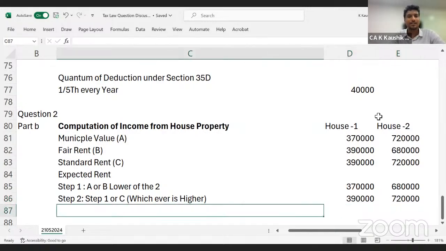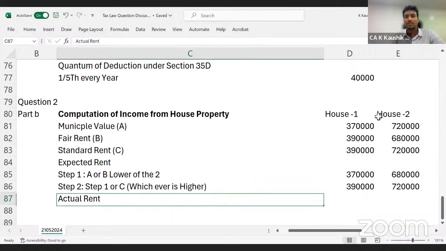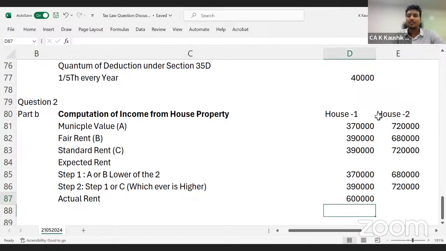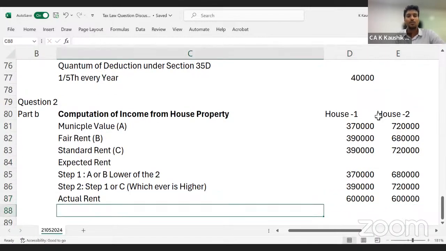So the reasonably expected rent is compared with actual rent received. Actual rent is 6 lakh. Whichever is higher. So gross annual value will be expected rent or actual rent, whichever is higher.